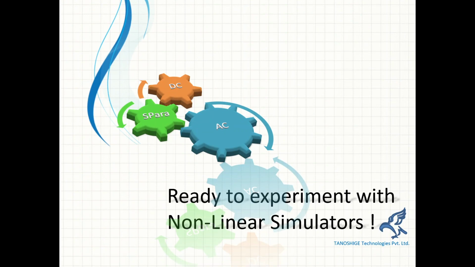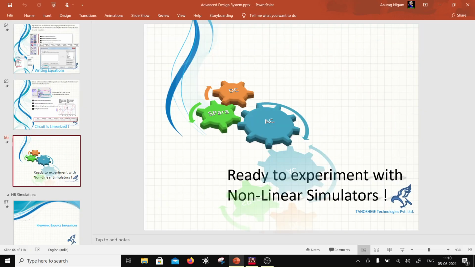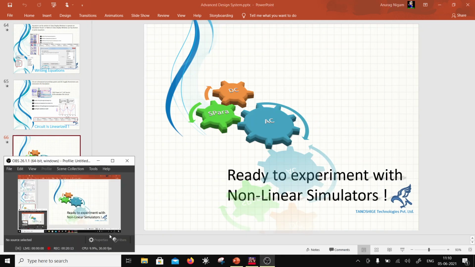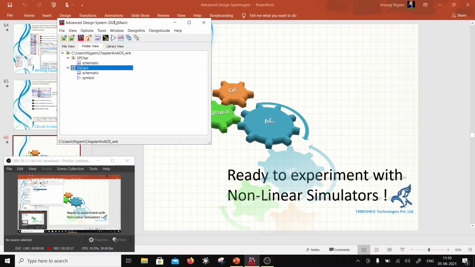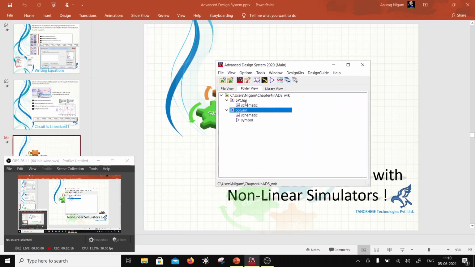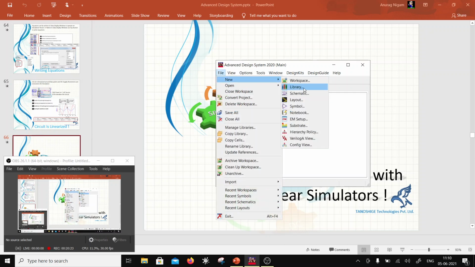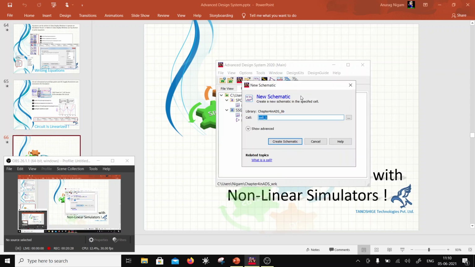So let's go ahead and do this, right? I've already made a symbol for this, and then I'm going to say file, new, schematic, and I will call it AC test.